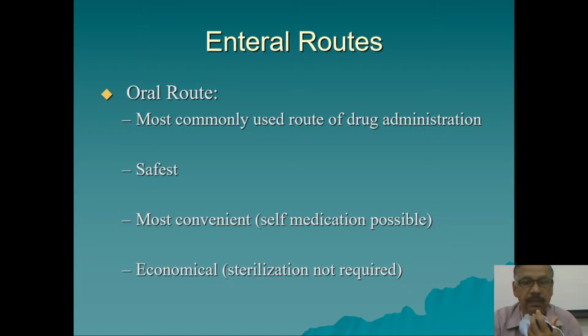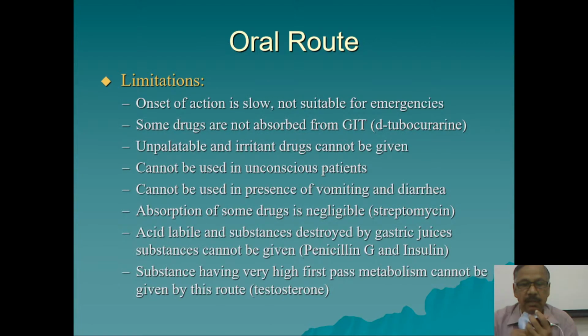But there are a number of limitations while using this. The onset of action is slow, so it is not suitable for emergencies. Some drugs are not absorbed from the GIT, like D-tubocurarine, although it is not a much used drug, but there are certain other drugs which are not absorbed from the GIT because of GIT enzymes and pH considerations.